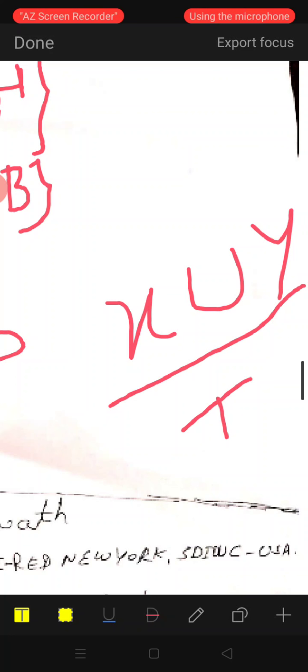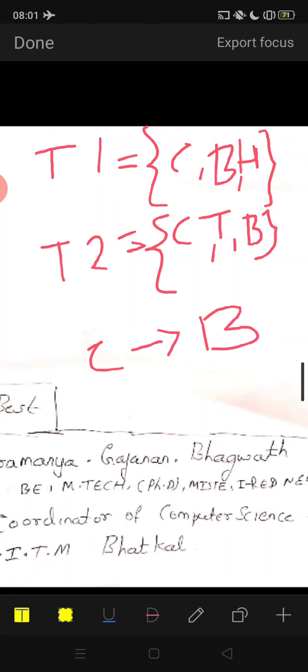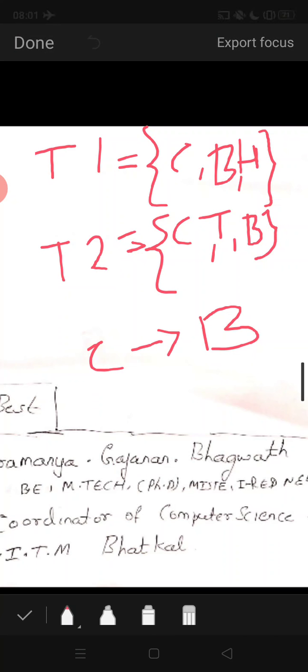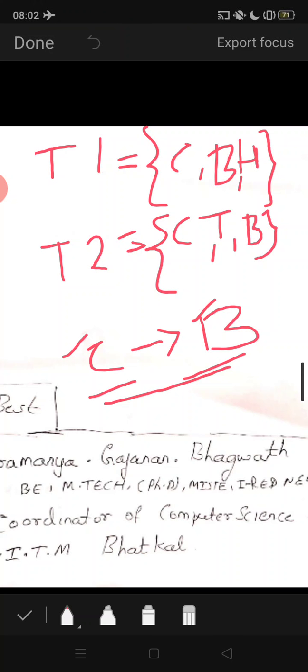Now, what do we do? We will calculate the support and confidence for this, so the concept will be very clear to you. Support is nothing but how many times this is X and this is Y, how many times this C and B is available together in the transactions, divided by the total number of transactions.